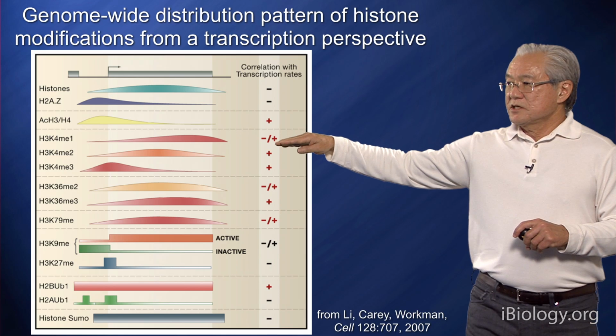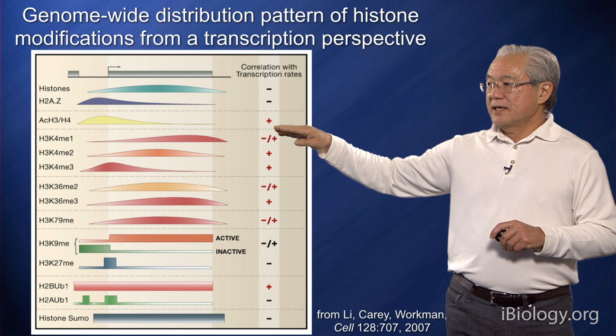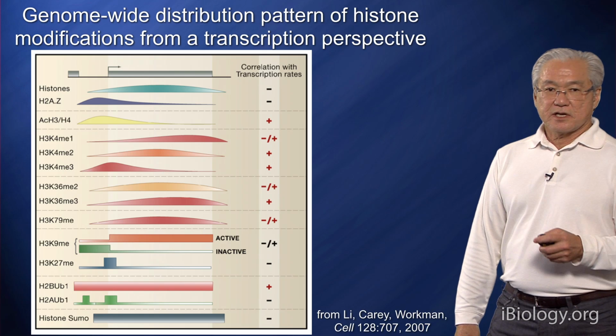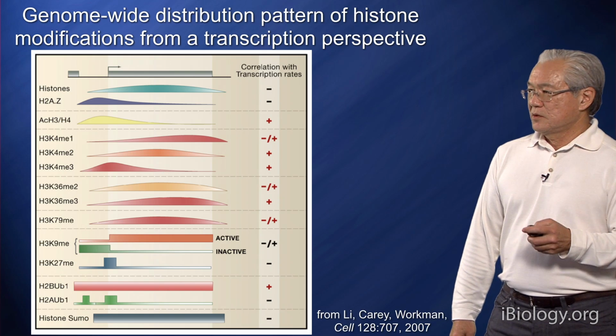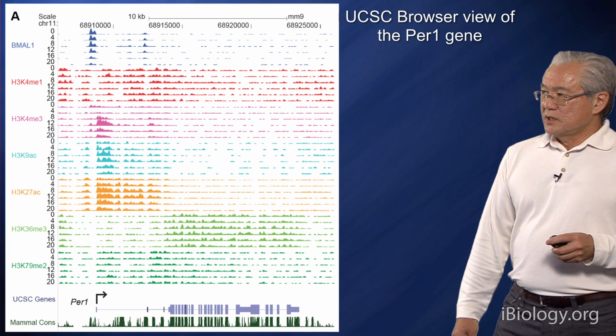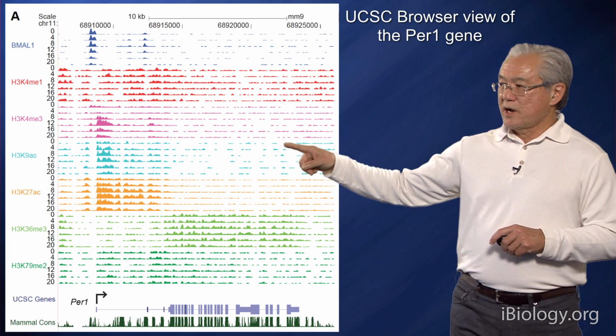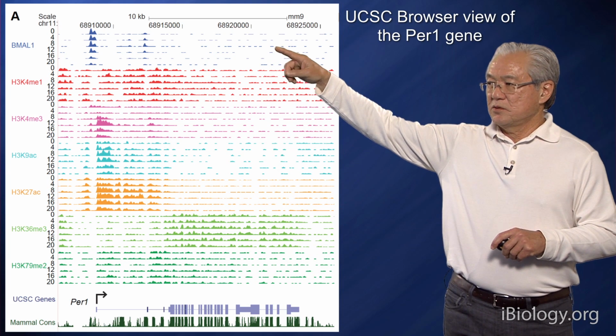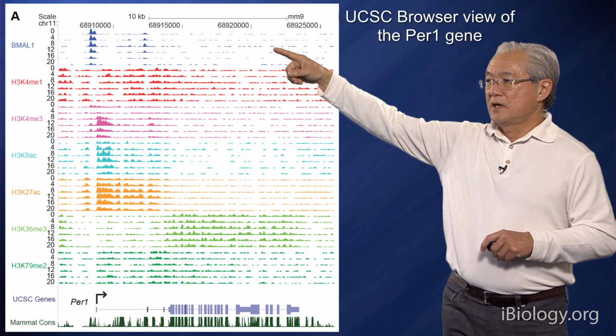In particular, histone methylation and acetylation are well-known marks that are associated with transcription and promoter regulatory regions. And so again, using ChIP-seq, this is a browser view of the PER1 gene.